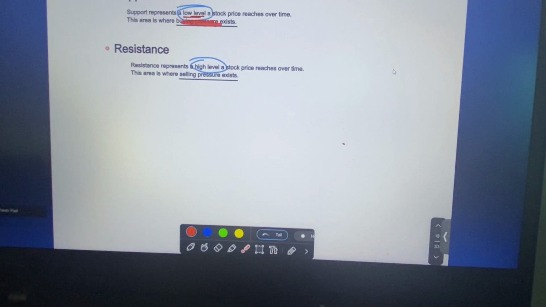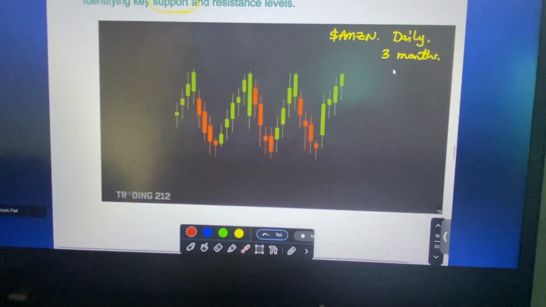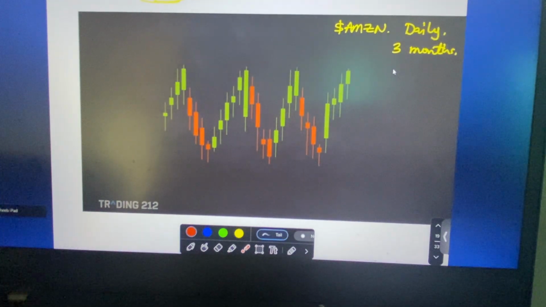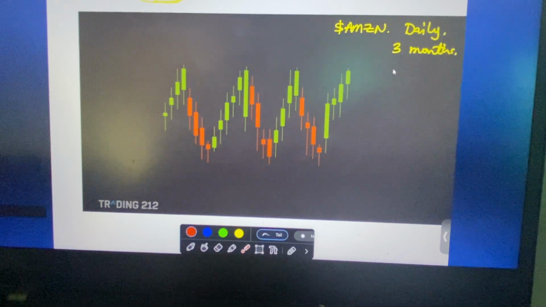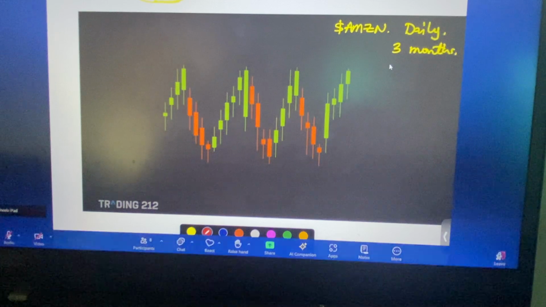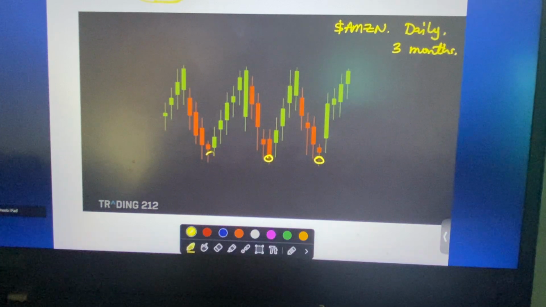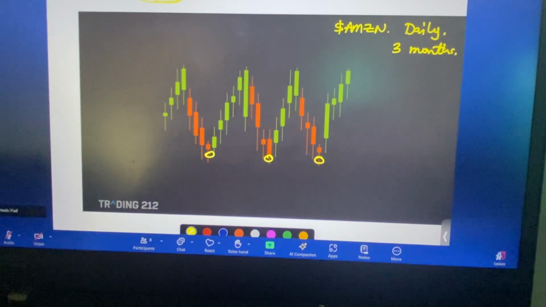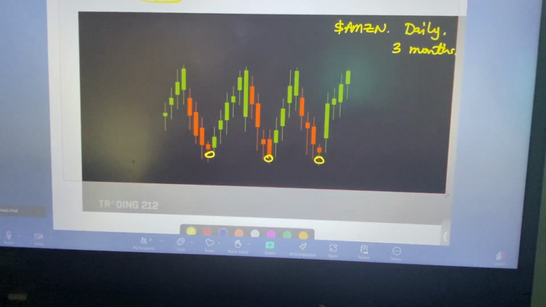With support, the definition is what again? A low level, a stock price, which is over time. So if you look here, where are our low points in this chart? Our low points are down here. Once we identify those points, we draw a circle there, and we proceed to draw a straight line through those points.